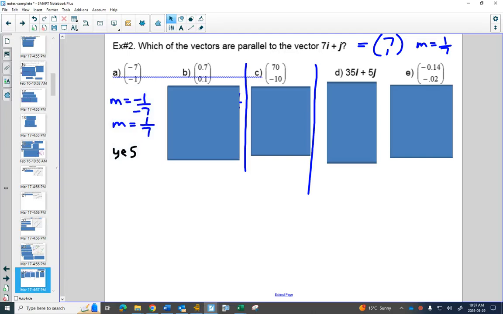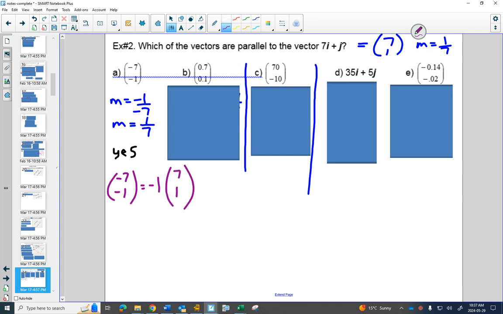So it would be parallel. You can also show that something is parallel by finding some number that could go out in front to multiply. And since I can multiply 7, 1 by a negative 1, therefore these must be parallel.